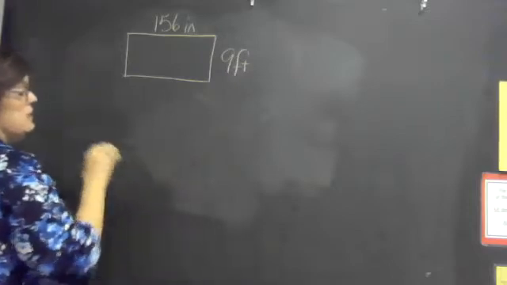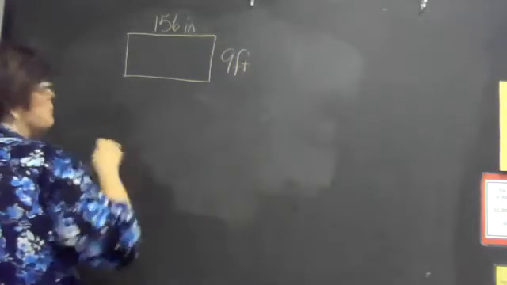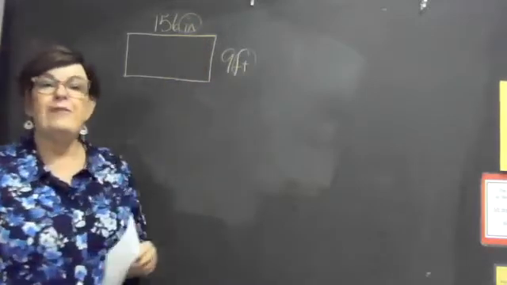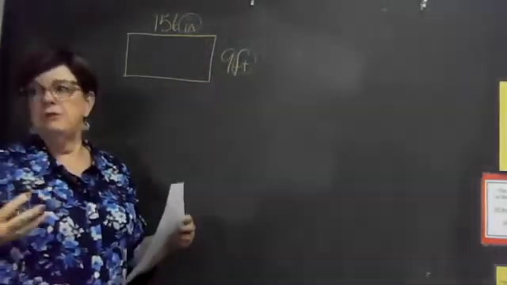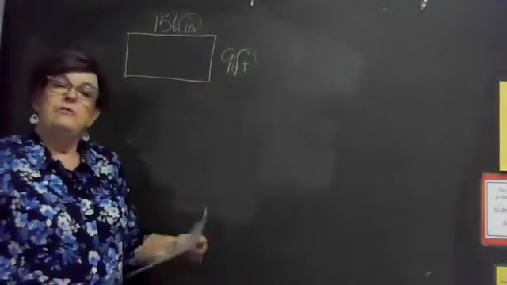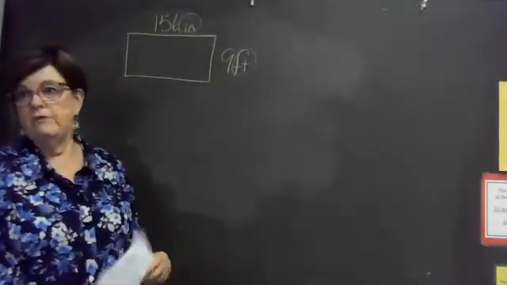Now, if you get in the practice of circling your units, you can see that the units are different, and you cannot find the answer until the units are the same. So we know we're going to have to convert. Are we going to change everything to inches, or everything to feet?